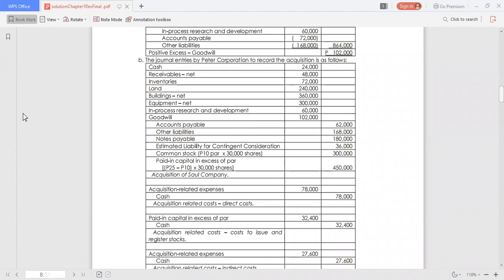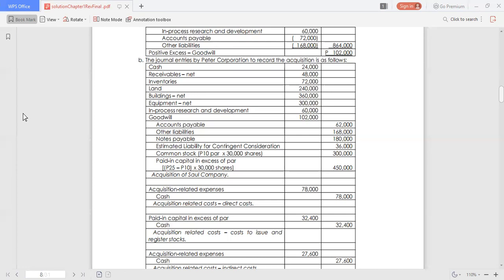And the debit side total: 24 and 48 is 72. 72 and 240 is 312. 360 and 300 is 660 plus 60 is 720 and 102. So the total now is 1,196.